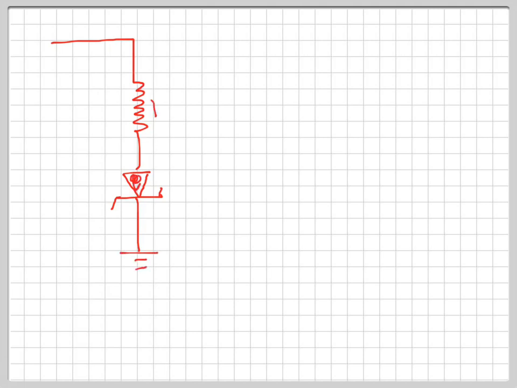This is going to be R2, and VZ was 8.1. And this is VO.